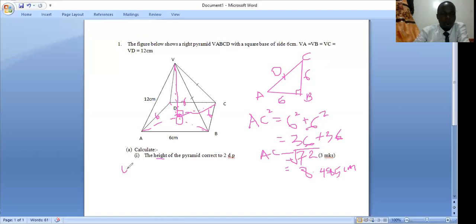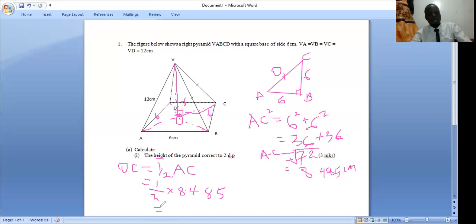Therefore, we say that OC, O to C, is half of AC. That is half times 8.485, divided by 2.